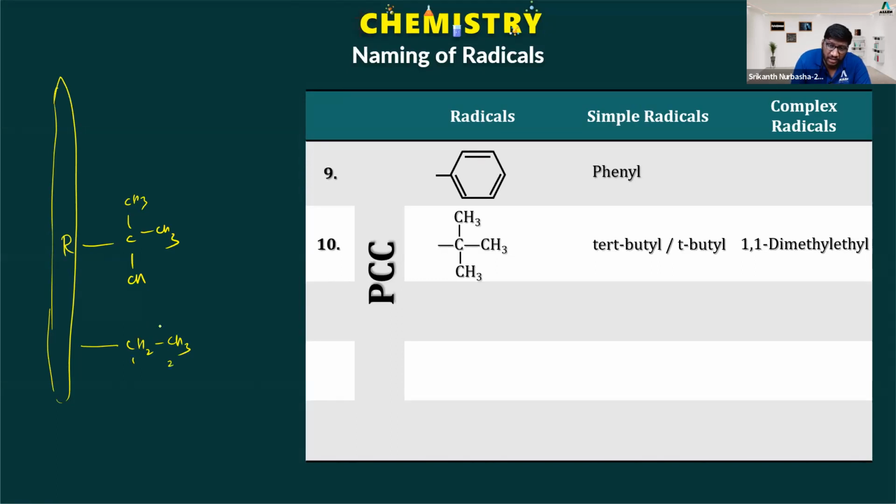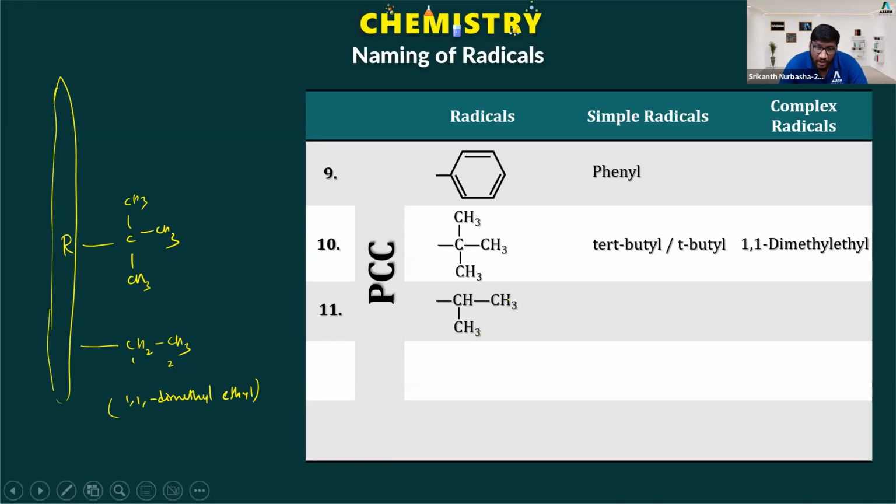I can use numbering in the substituent also. So 1 and 2, that is the ethyl positions. On the first carbon of ethyl, both the hydrogens were actually replaced by methyl groups. So 1,1-dimethylethyl I can write. I can write like this or not? Tertiary butyl is a complex substituent where I can write 1,1-dimethylethyl as its correct name.